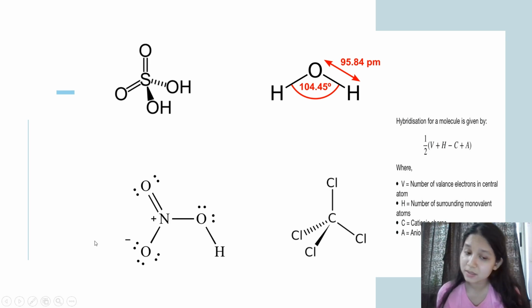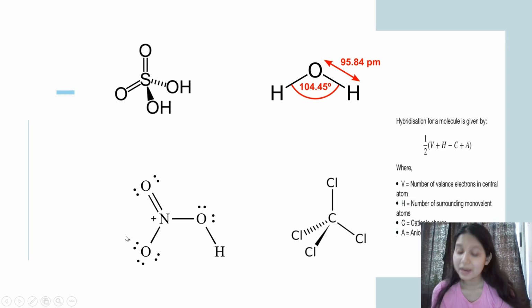So the next option we had was nitric acid. Like Dr. Payal has already told us all, the answer is option C, nitric acid. But let us find out the hybridization of the remaining molecules, nitric acid and CCl4.